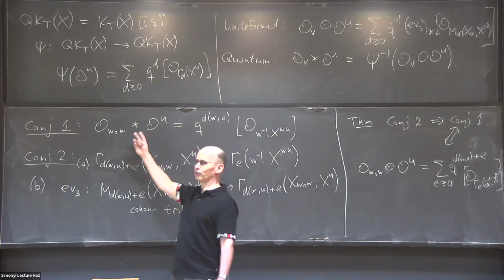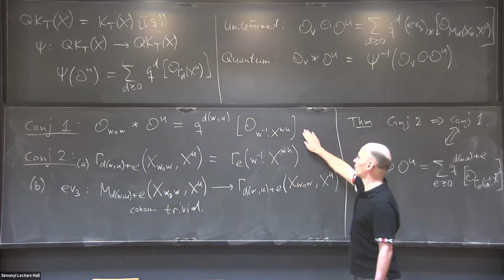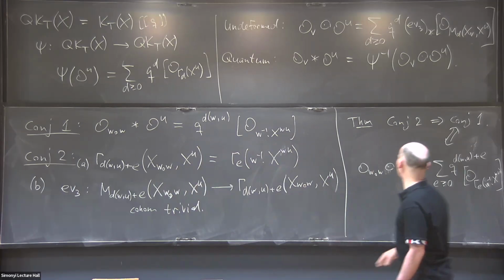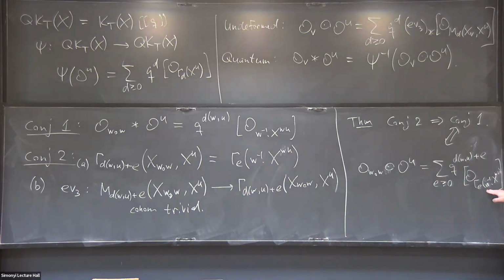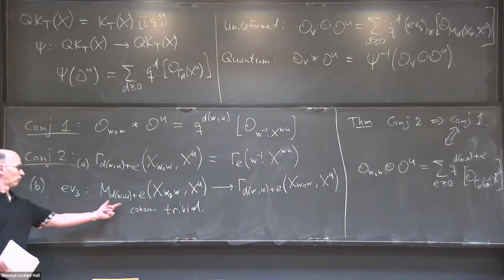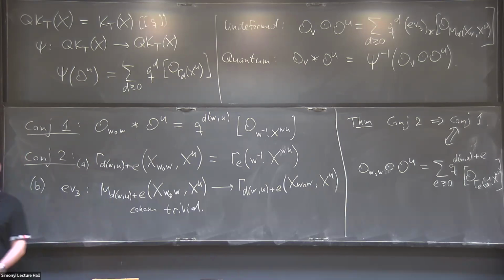Applying psi over here, we just get the undeformed product by definition. And over here, applying psi gives this curve neighborhood operator, so it just maps this Schubert class to the sum of all its curve neighborhoods. Then conjecture 2 implies that all of these curve neighborhoods are just equal to the pushforward of the structure sheaf of the corresponding Gromov-Witten variety, and then we end up at the definition of the undeformed product. I'm over time already, so I'll stop here, but thanks very much.